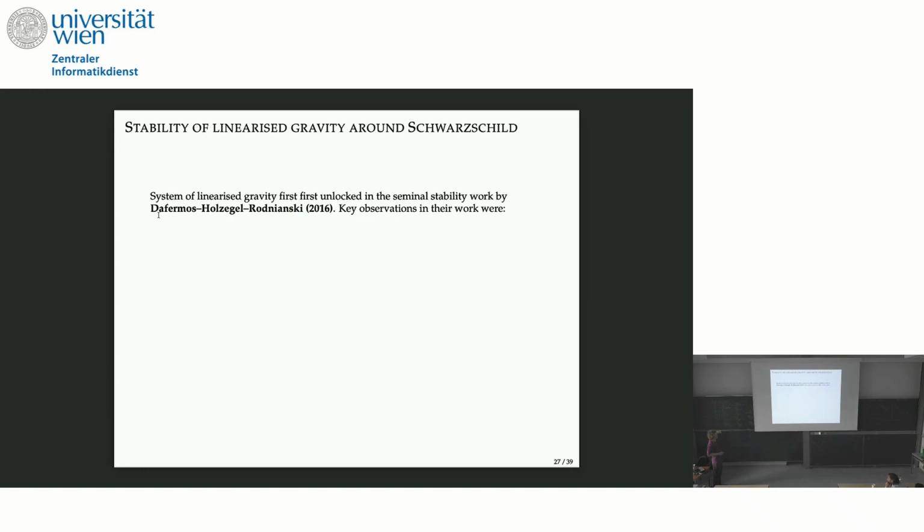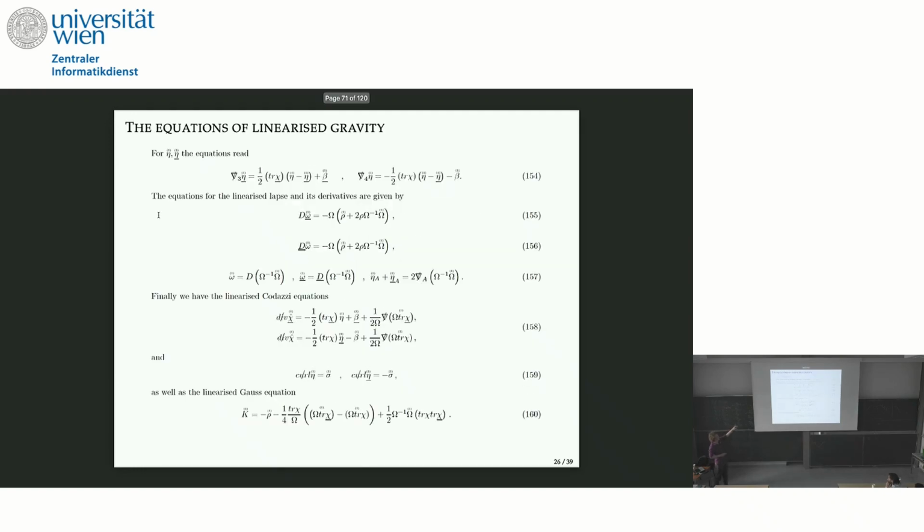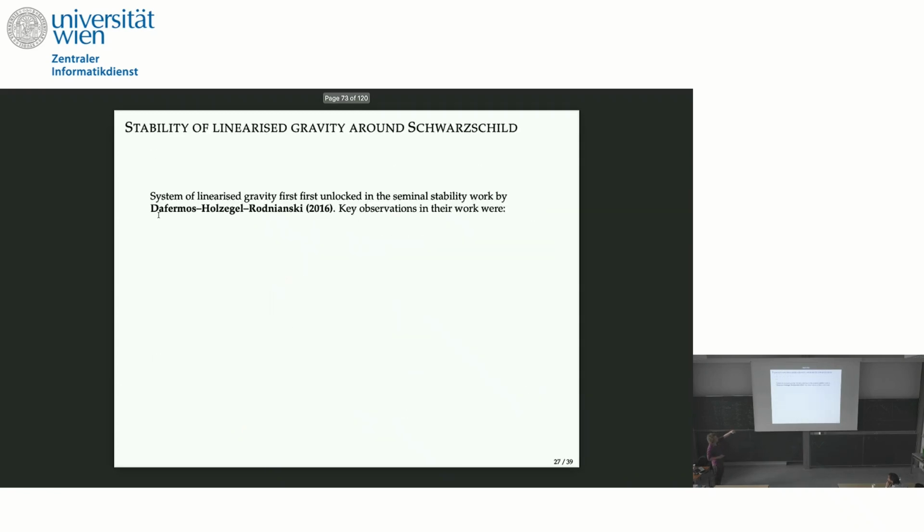It just turns out that at the linear level, understanding linear stability on Schwarzschild is all you need. This relatively complicated system of equations was first properly unlocked in the seminal stability result of Dafermos-Holzegel-Rodnianski, and I'll briefly go through some key observations for those who care, but it doesn't play a huge role in this talk.